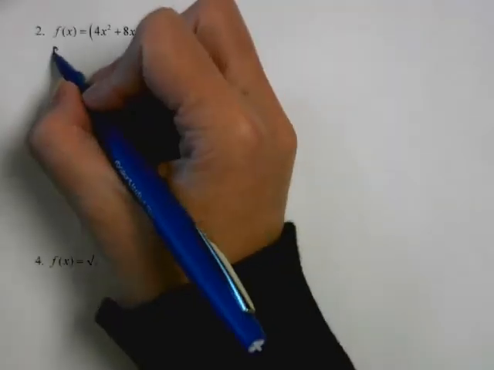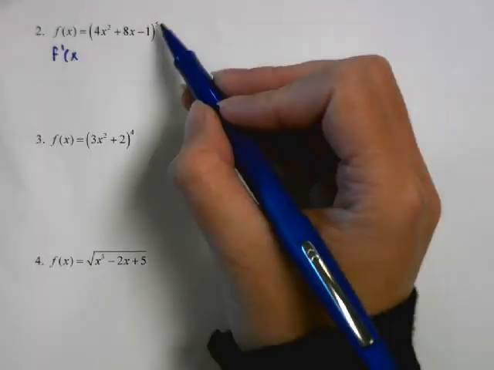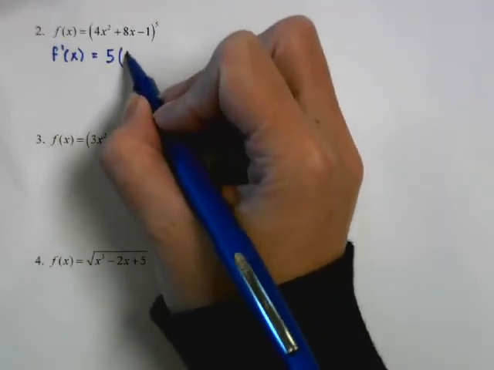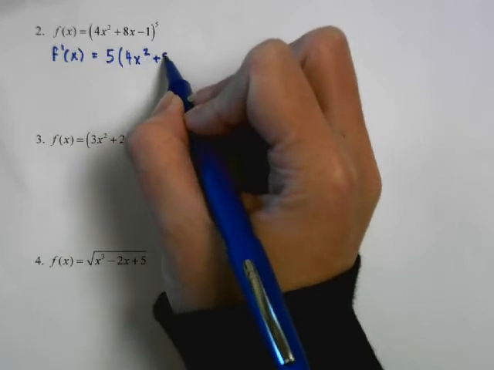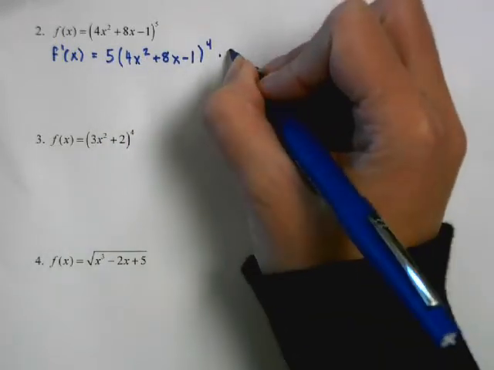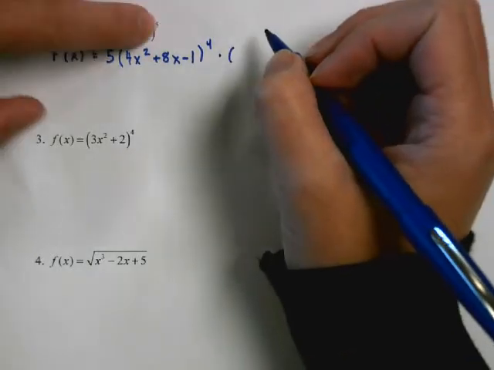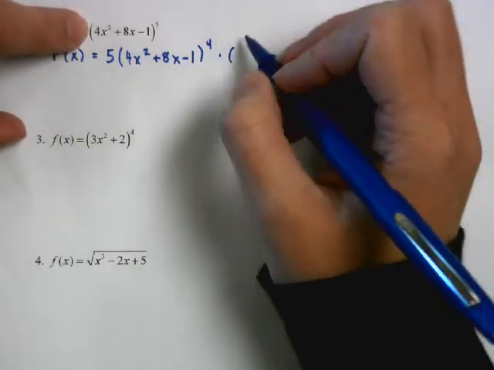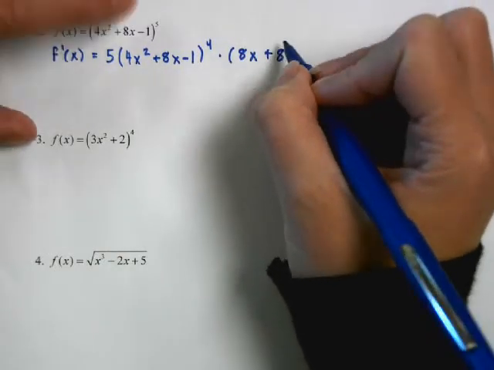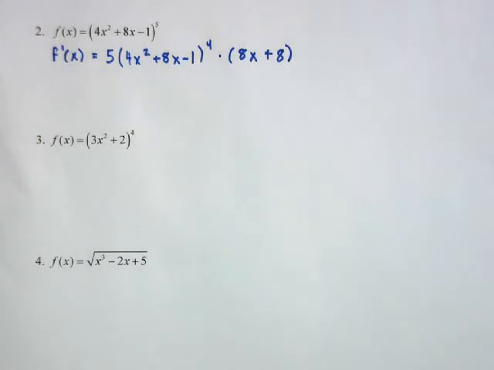All right, so more chain rule. My outside function is this fifth power. So this is going to be 5, leave the inside alone, to the fourth, then multiply that by the derivative of the inside. The derivative of 4x squared plus 8x plus 8 is 8x plus 8 plus 0.